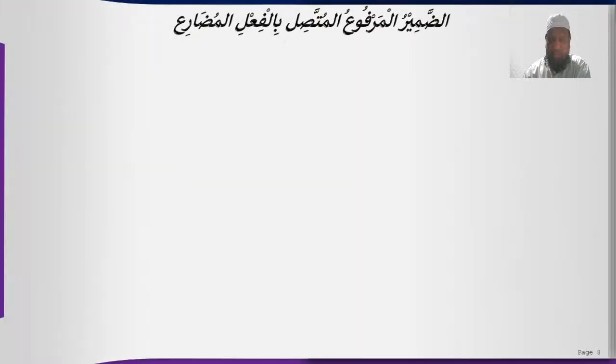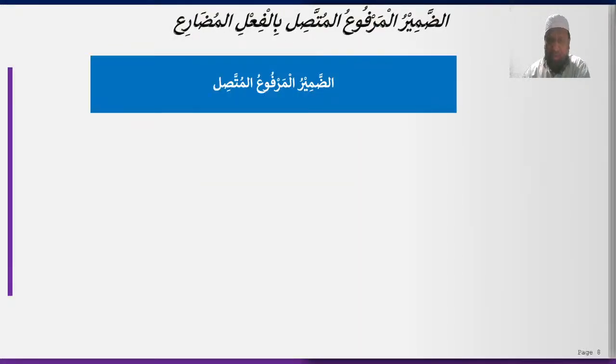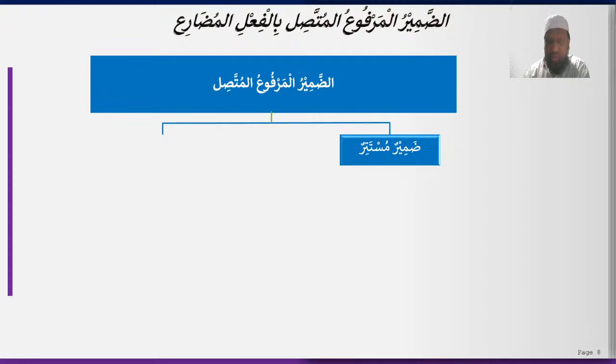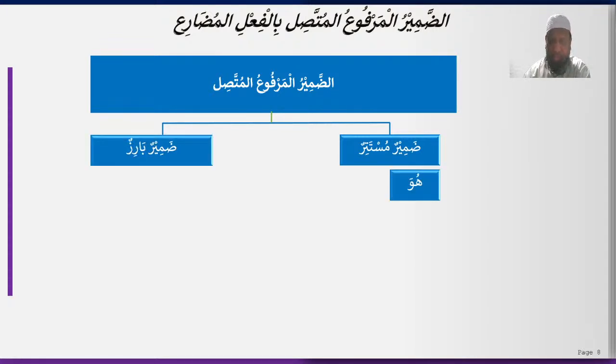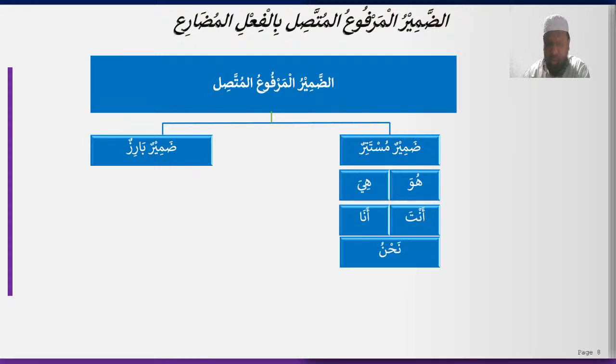So let's see, is there any difference between these ضمائر مستترة? Again, for فعل المضارع, there will be 2 types of ضمائر: ضمير مستتر and ضمير بارز. For these 5, are there any difference, or are they the same?